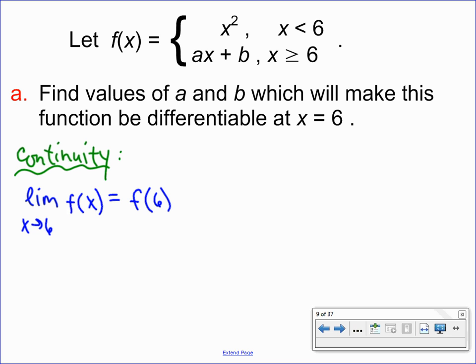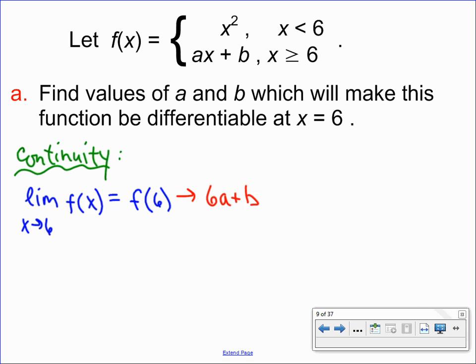All right, so let's go ahead and do a quick check. F of 6, I can easily find by doing which definition? Well, it looks like my function gives the value of f of 6 at the second definition because of the or equal to. And so f of 6 must equal what? 6a plus b. Good. The overall limit of my function as x approaches 6 requires 2 parts.